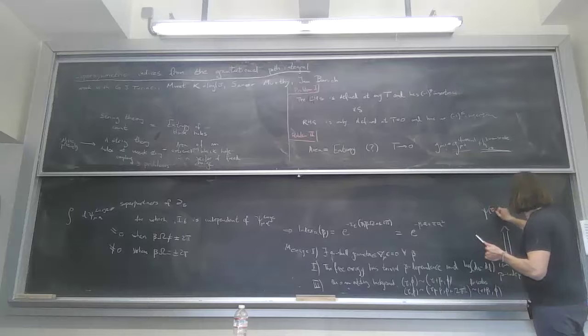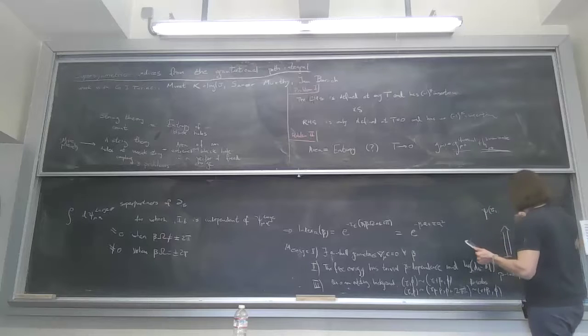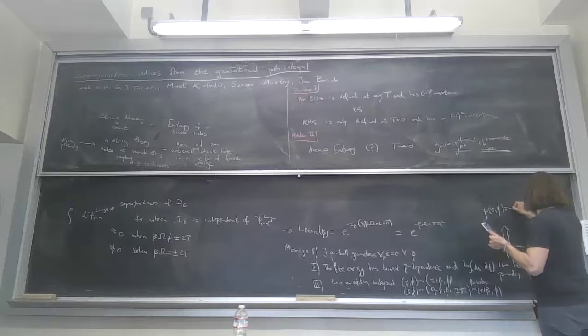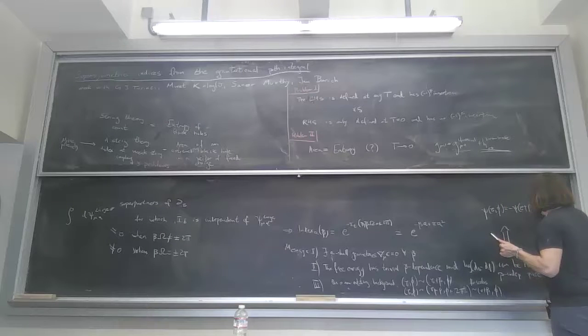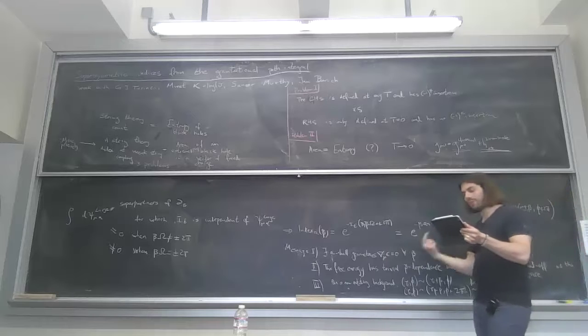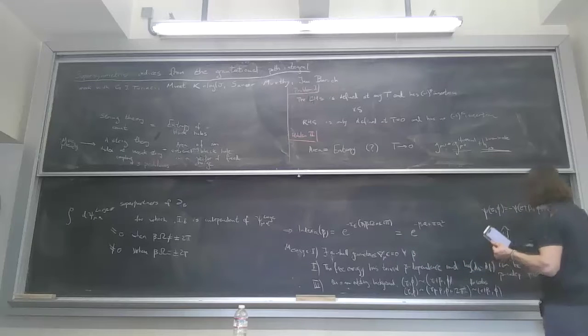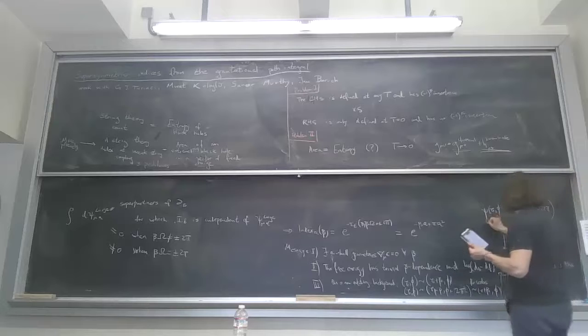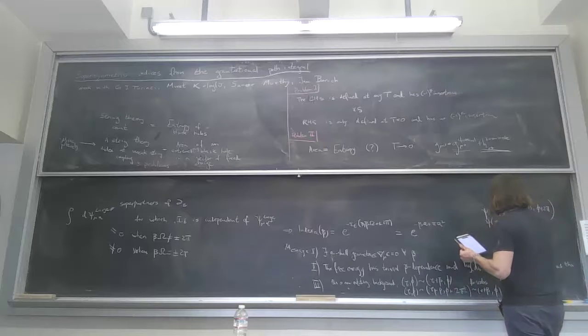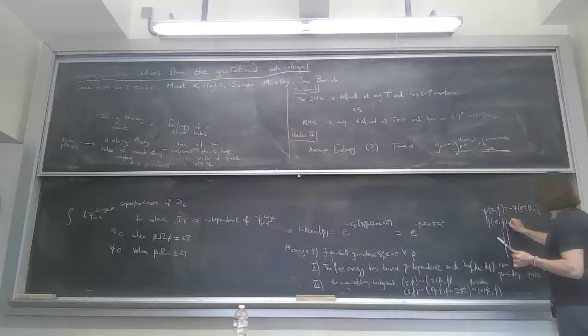So let's say there's some fermionic field psi of tau and phi equal to minus psi of tau plus beta and phi plus 2 pi. But now if you do a 2 pi rotation of this fermionic field, the boundary condition that you recover at infinity is psi of tau and phi equal to plus psi of tau plus beta and phi.